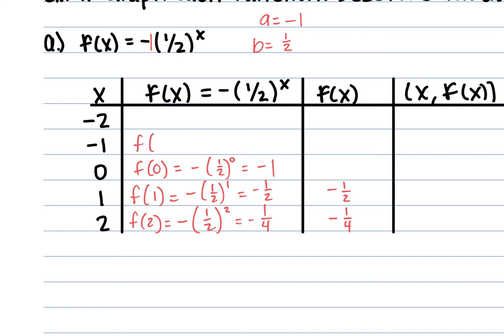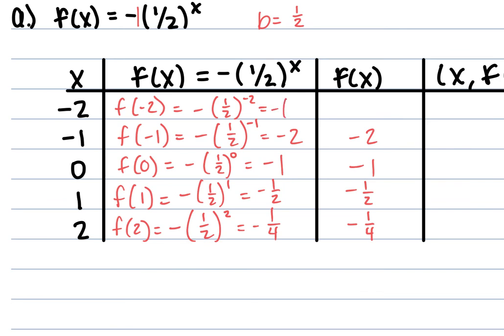F of negative 1 is negative 1/2 raised to the negative 1 power. We have to flip our fraction, so this is negative 2. F of negative 2, negative 1/2 raised to the negative 2 power. This is going to be negative 1/4, no, negative 4, so negative 4.